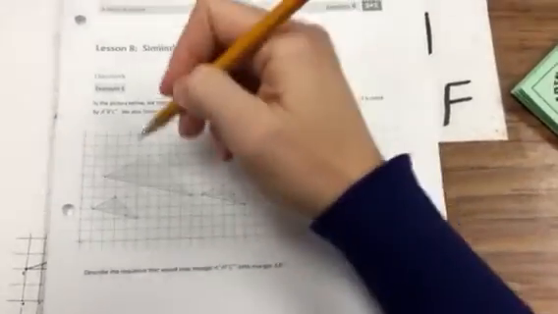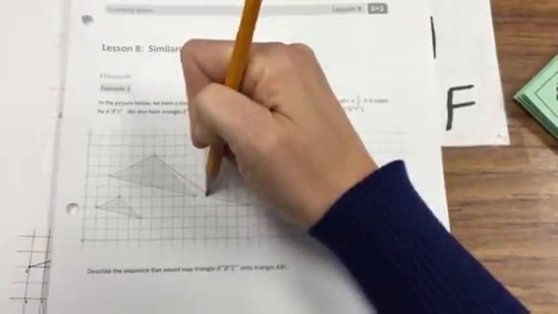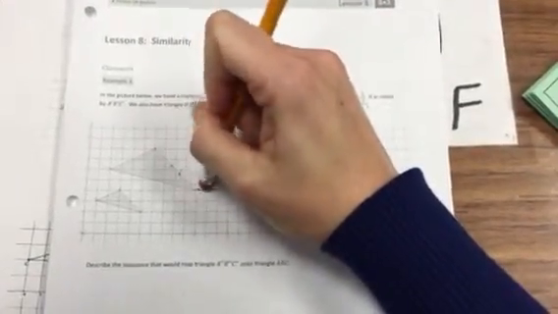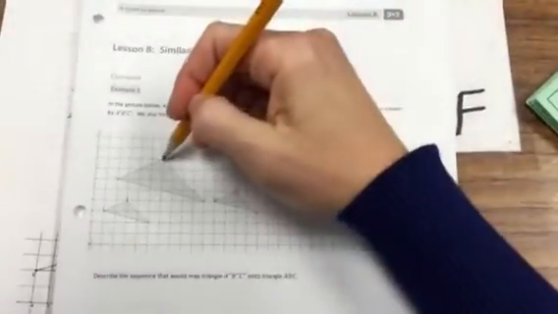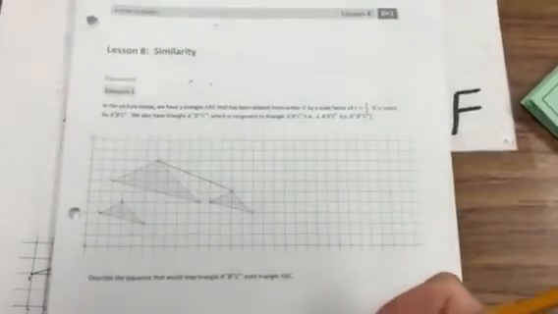So I'm going to create a vector on the correct points. I'm going to create a vector between the B points, B double prime and B. And I'm going to use that as a translation.